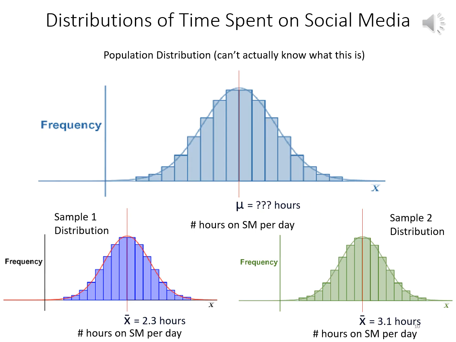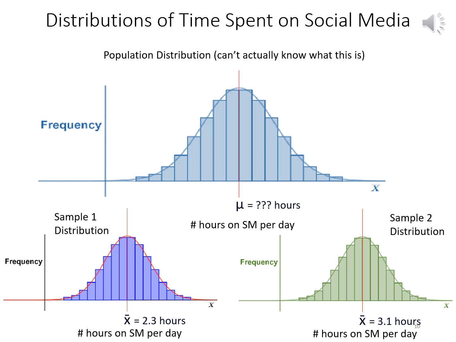That's our average number of hours per day on social media. Well, that's cool, but let's imagine that we take another 15 people from the original population and we find that in those people, so sample number 2, although it's a similar distribution, we've got a lot of people who spend an average or middle amount of hours on social media per day, and not that many people at the tail ends, meaning very little or tons of hours on social media per day.